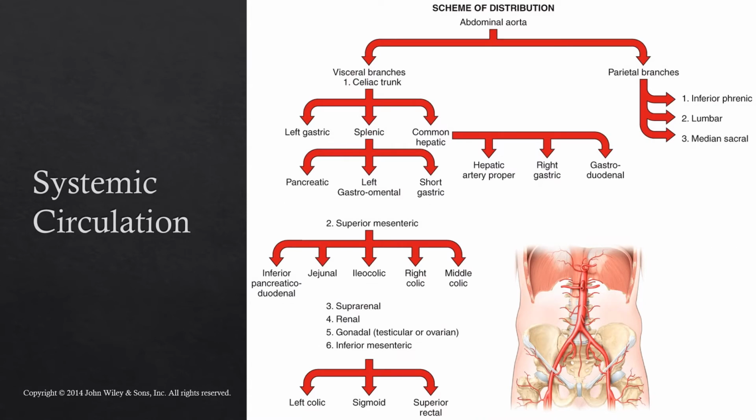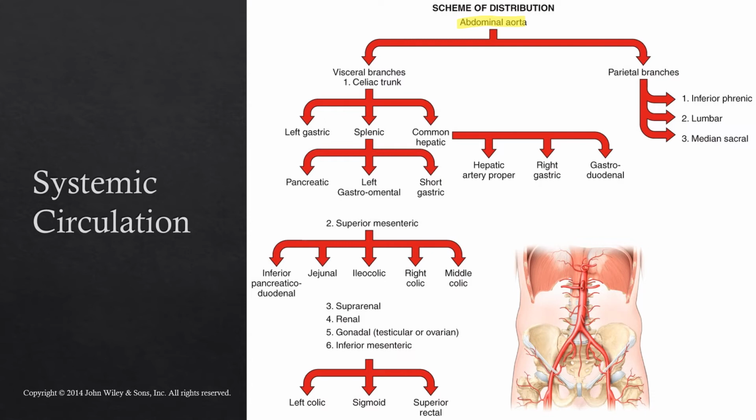Okay, now we're moving on to the abdominal aorta, which is just a continuation of the thoracic aorta after it passes through the diaphragm. It begins at the aortic hiatus in the diaphragm, and it ends about the level of the fourth lumbar vertebra, where it's going to divide into the left and right common iliac arteries.